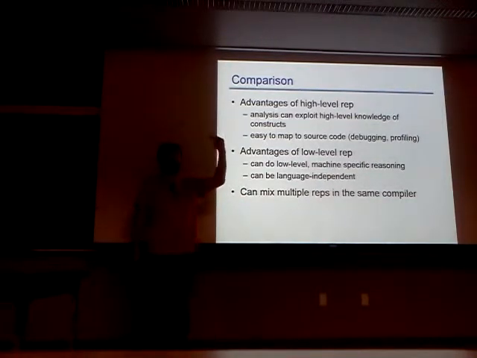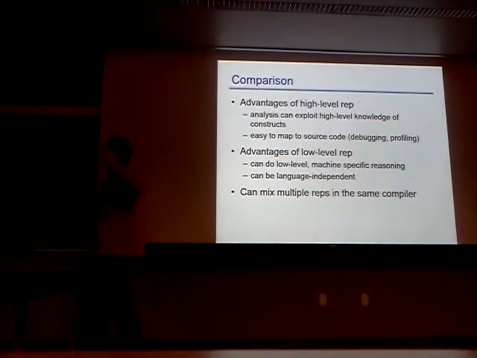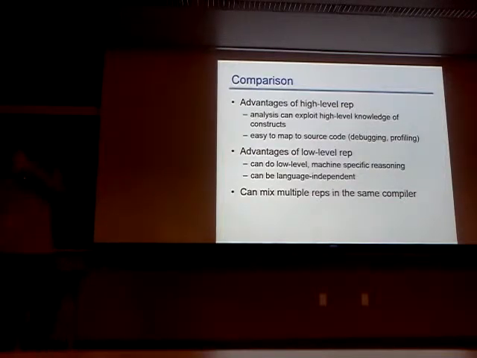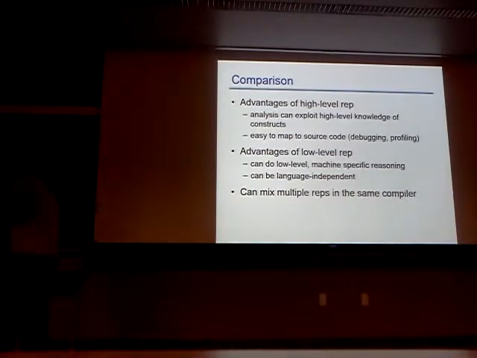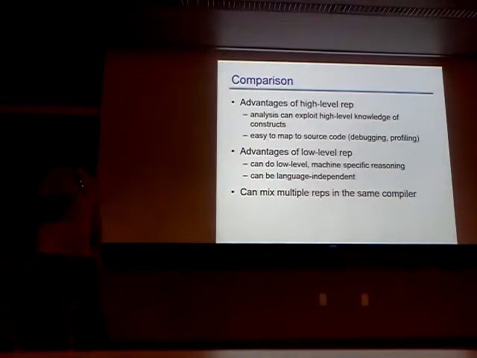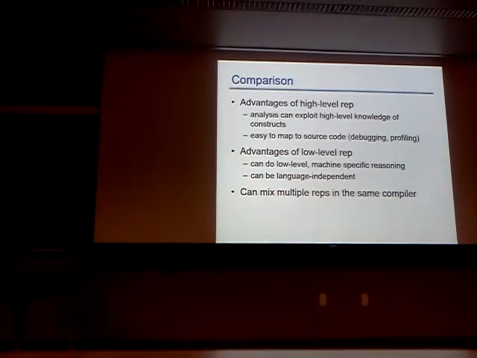You start with a high-level representation, do some stuff there, then you lower it into a more general intermediate representation where you do some stuff, and then you lower even further, where you get very close to the assembly, and you can do things like register allocation. You can do what are called peephole optimizations, where you do small rewrites that make things go faster. So, okay, any questions on this?